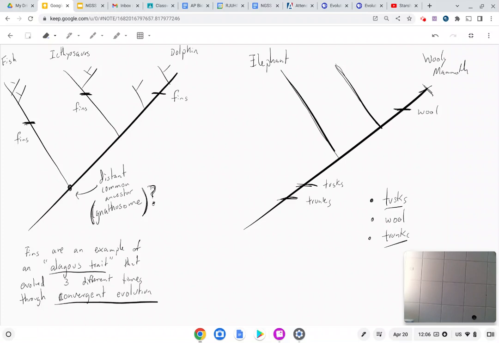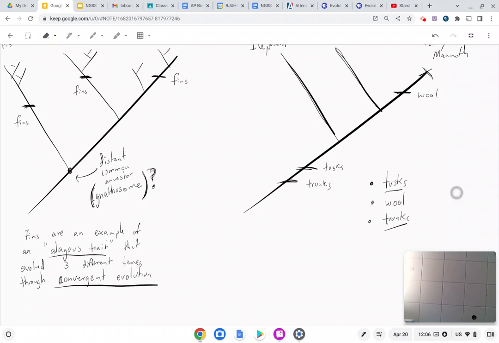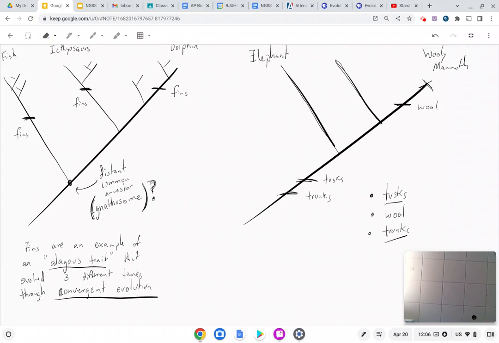Okay, now, I will admit, it is a possibility that tusks and trunks evolved 2 separate times independently, right? So we could have done it like this, where you have tusks and trunks evolving for woolly mammoth and tusks and trunks evolving here. But does anybody find that convincing? You'd be like, yeah, that's probably not what happened.